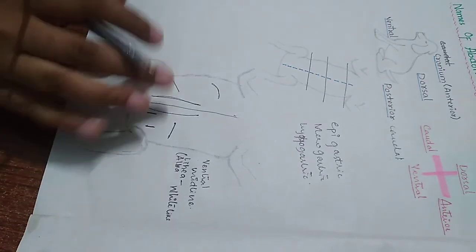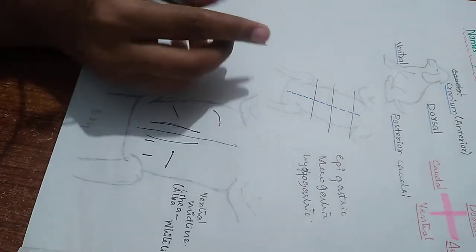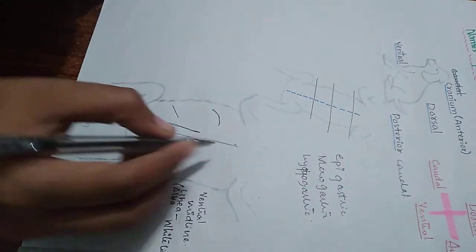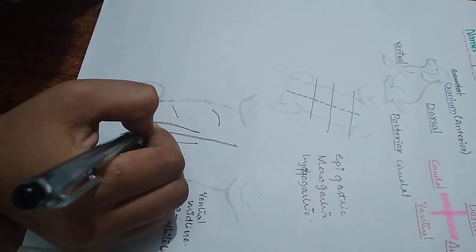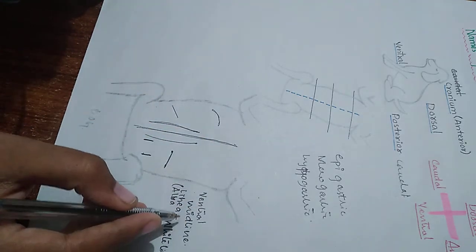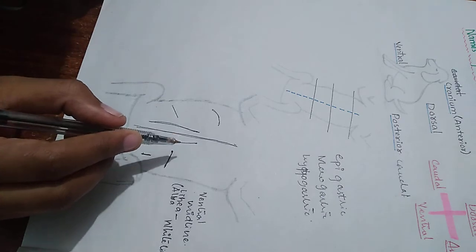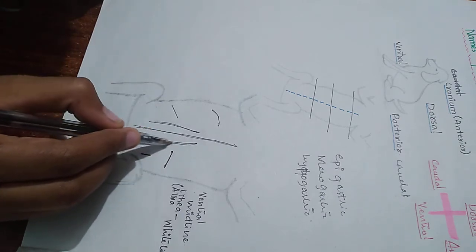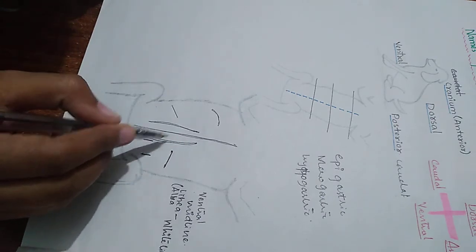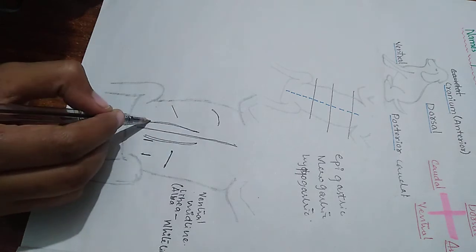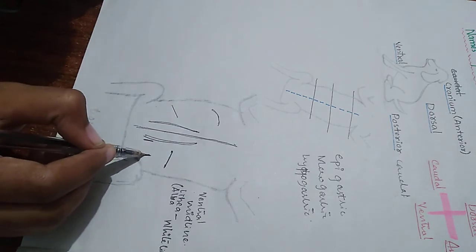So let me write over here the names of the incisions. In case you forget, this one is the midline or ventral midline, the white line, right? This is also known as the white line, which is very important. And then we have the paramedian incision, left paramedian, right paramedian, inguinal, right, left.